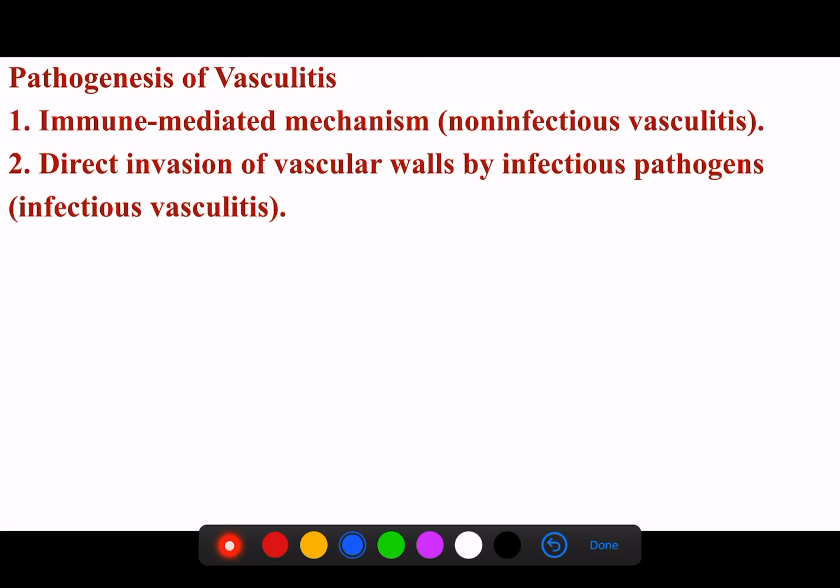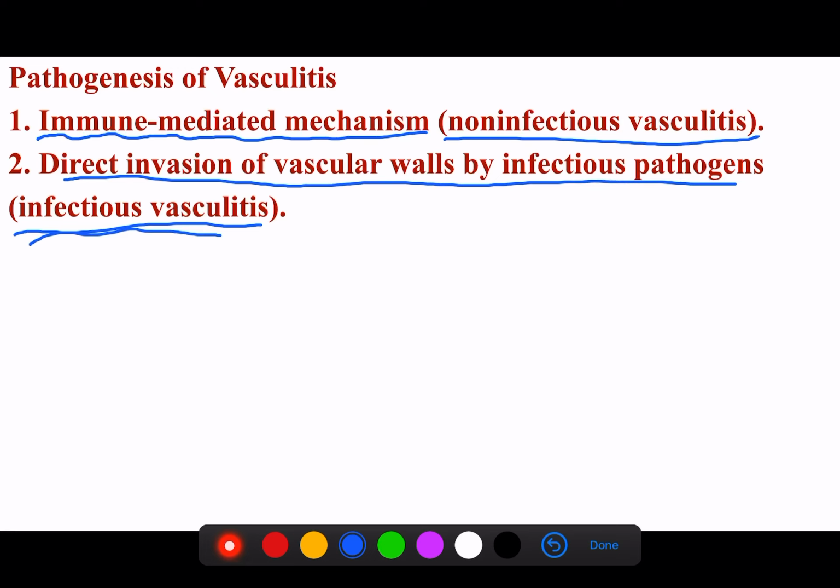The pathogenesis of arteritis or vasculitis is classified, depending on the cause, into non-infectious vasculitis and infectious vasculitis. Non-infectious vasculitis is an immune-mediated mechanism, and infectious vasculitis is direct invasion by the infectious pathogen.